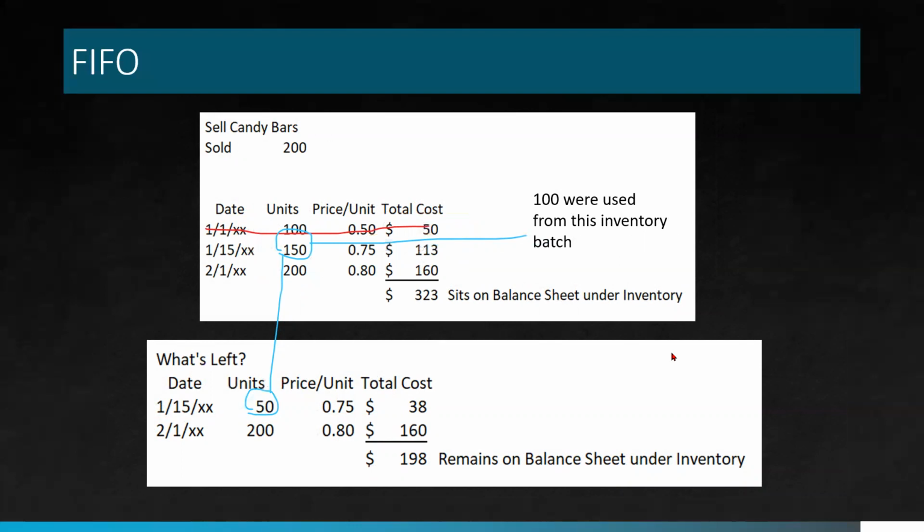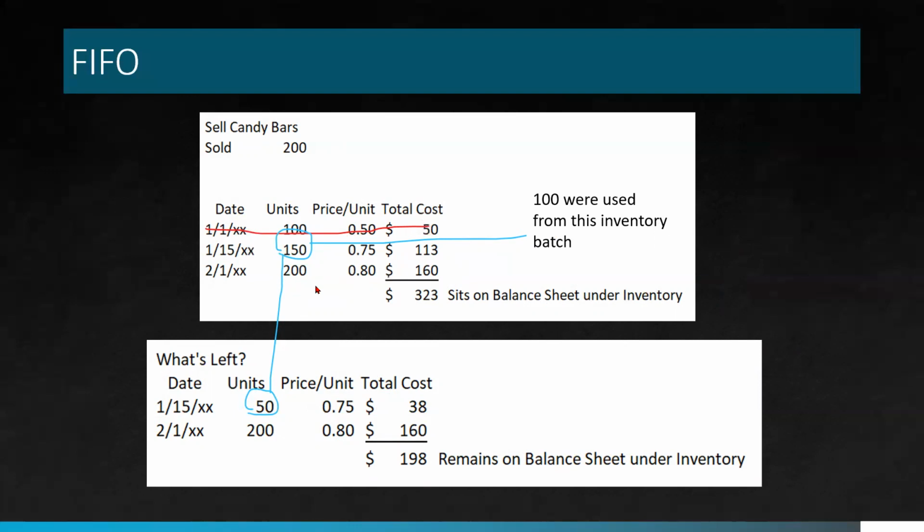So now what happens with the balance sheet inventory number, right? That number from 323 that we originally started with is going to drop down because we've sold 200 of these. And what's going to remain on the balance sheet, remember from the 15th purchase, we used 100 of these. So 50 drop down here and remain on the balance sheet, and they're valued at 75 cents each, which is $38.